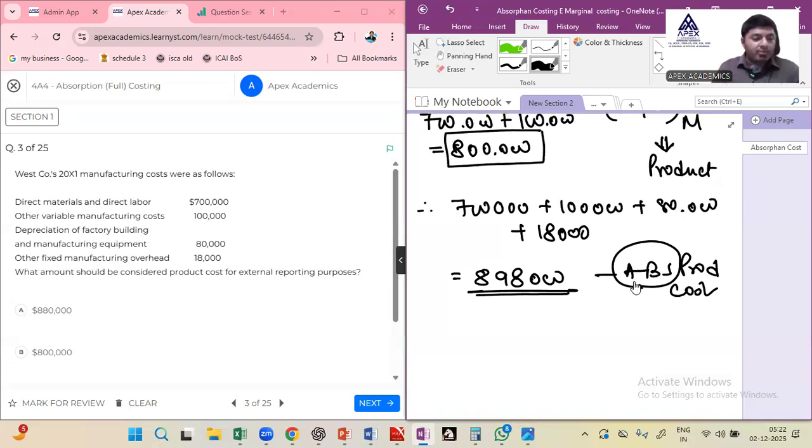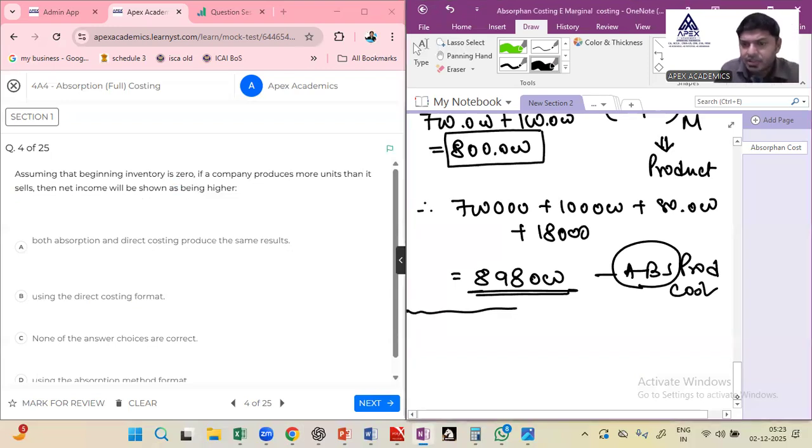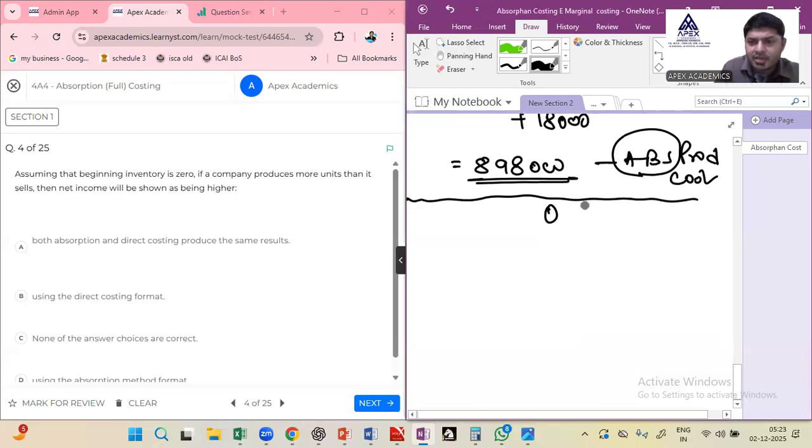Now let's go to question number 4. Question number 4, assuming that the beginning inventory is 0, if a company produces more units than it sells, then net income will be higher over where? Now please try to understand. Question number 4 is talking about a very important concept on the basis of which multiple questions are going to appear in your US CMA part 1 MCQ section.